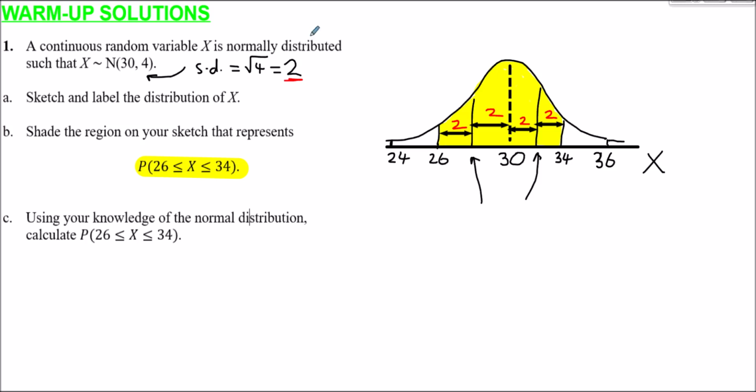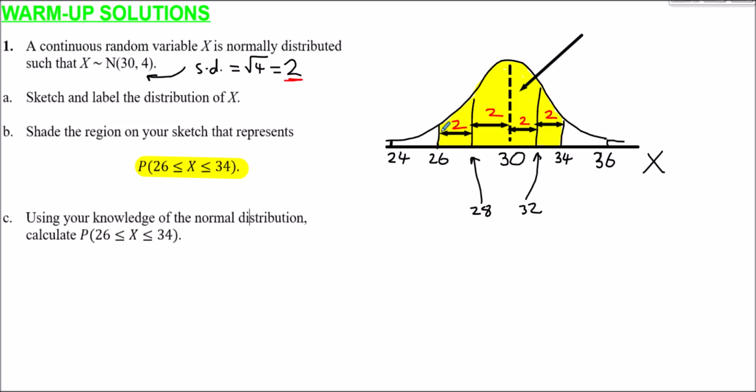So one standard deviation would be 28 and 32. 26 and 34 is 2 standard deviations away. And one of the key properties of a normal distribution we found out from the previous lesson is that 95% of all the data will fall within plus or minus 2 standard deviations from the mean.